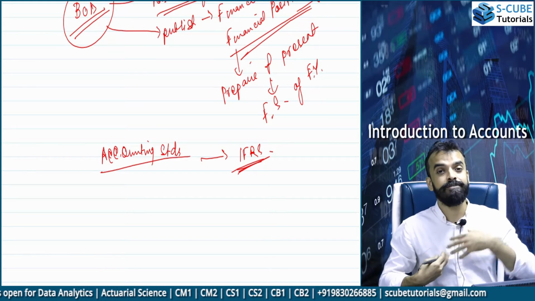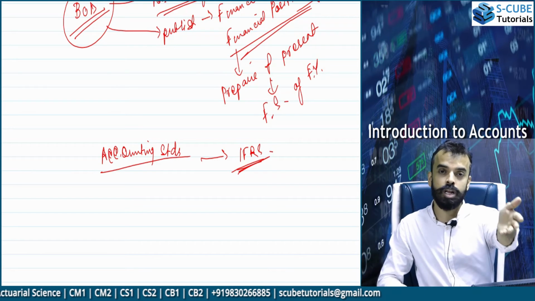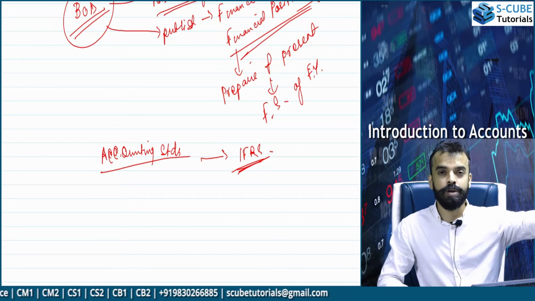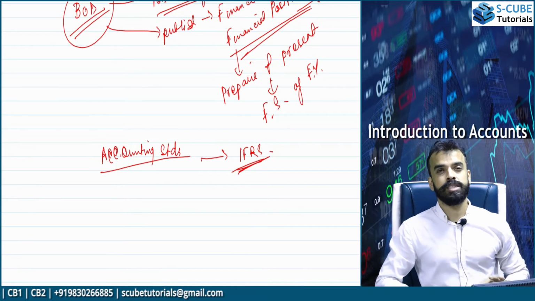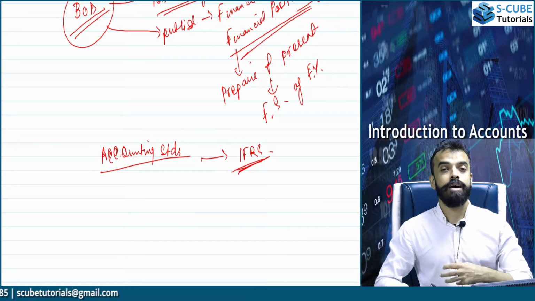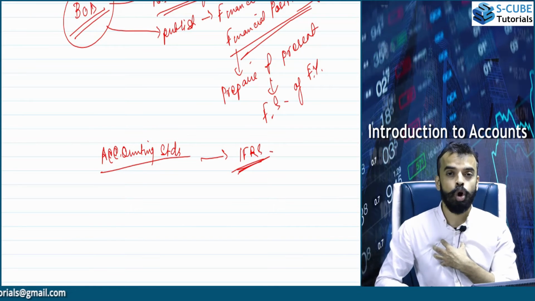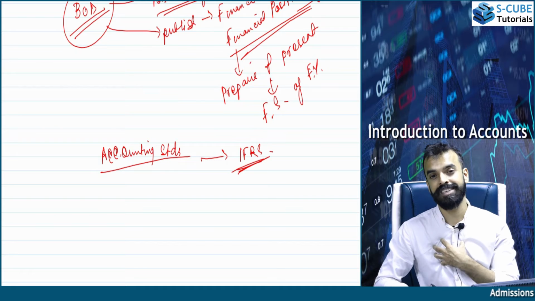So I audit the financial statement of a company, and before a professional like you or a normal investor reads the financial statement, I audit it so that they have a reasonable assurance from us that the financial statements are free from material misstatements.